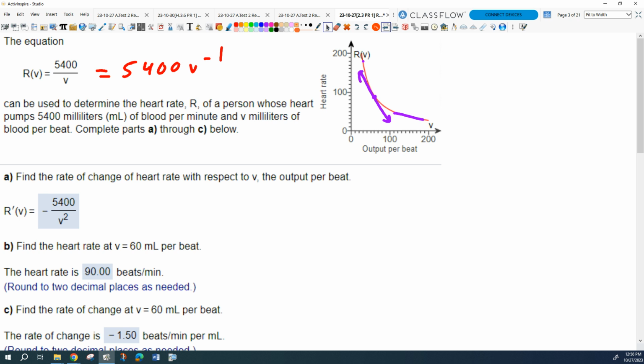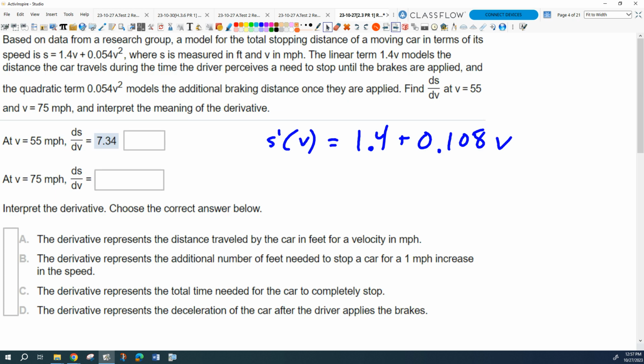Make sense? So what's this going to be then? In this case, we're talking about the rate of change of stopping distance relative to speed. What are the units going to be?